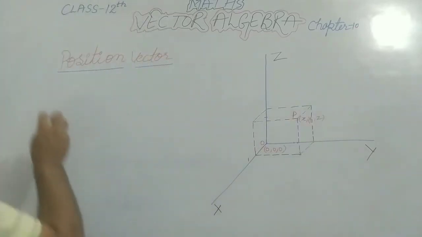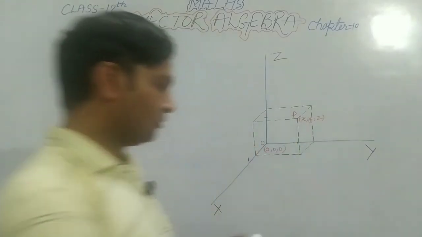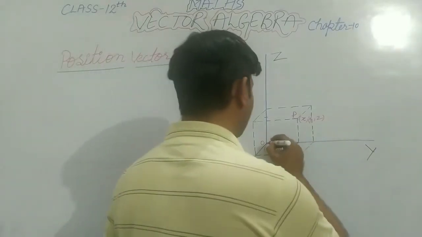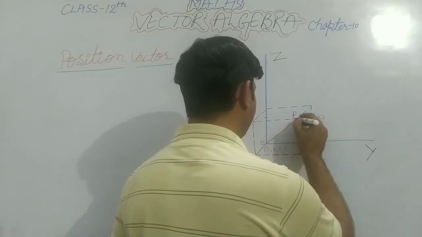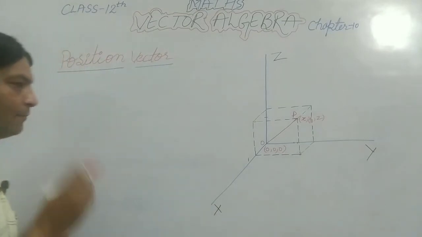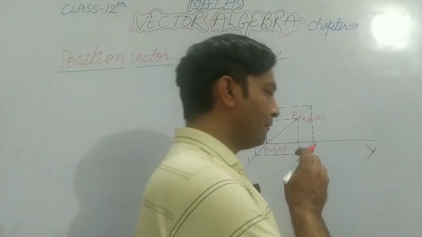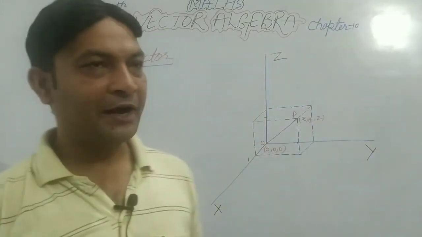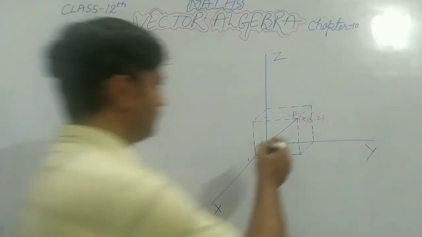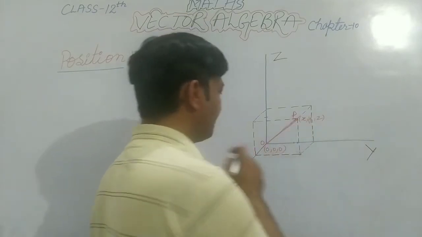So we will find the position of this point P. Position is the length we take here, vector OP. So always we will take the position of any point with the initial point as the origin. So OP is the position vector of P.